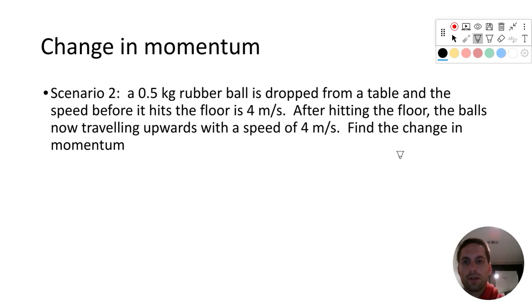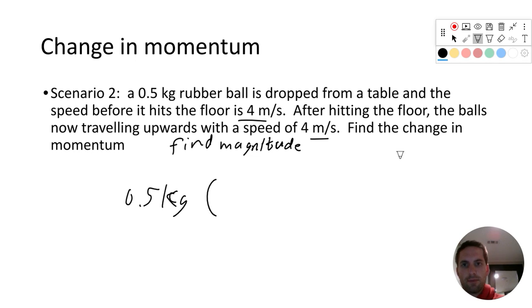For this one, same thing. Find the magnitude. A 0.5 kilogram ball dropped on the table. This time around, this is the initial, this is going to be the final. So 0.5 kilograms.